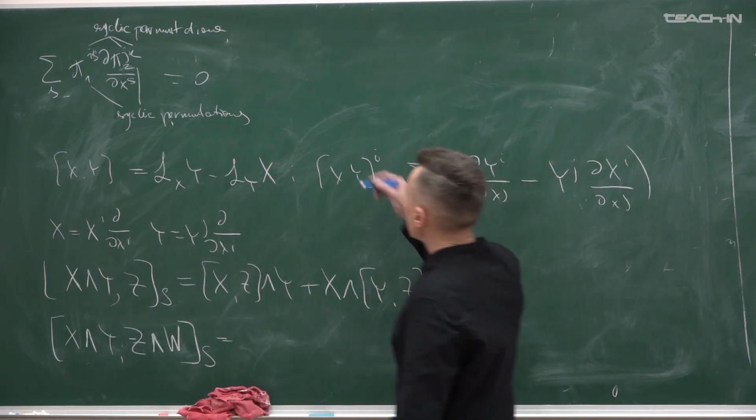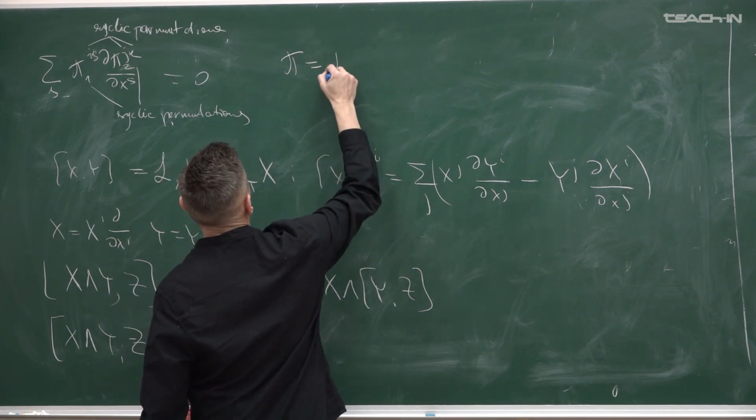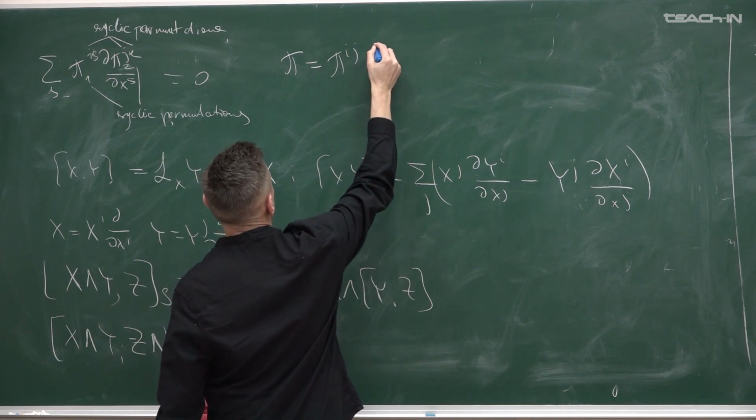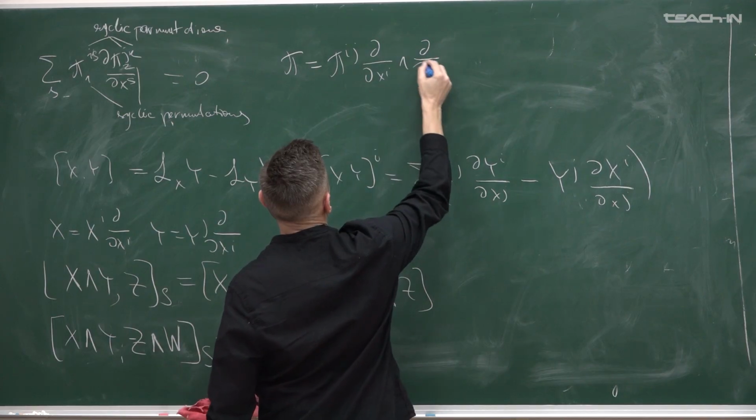And now we have pi as pi_ij d over dx_i wedge d over dx_j.